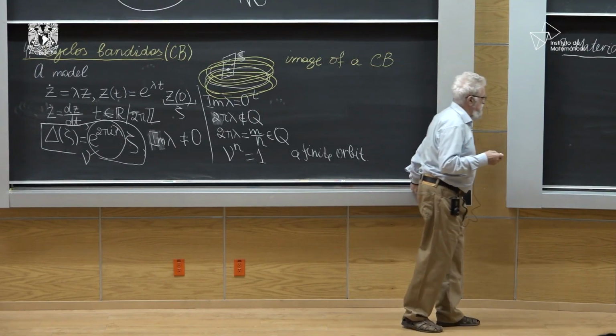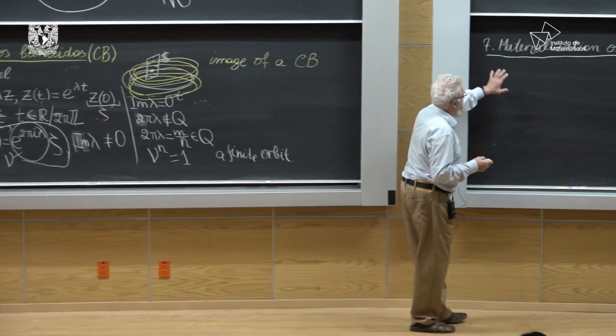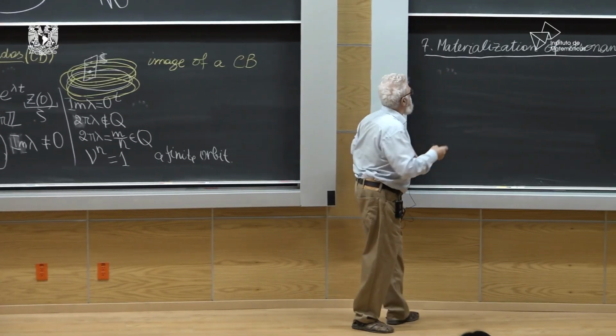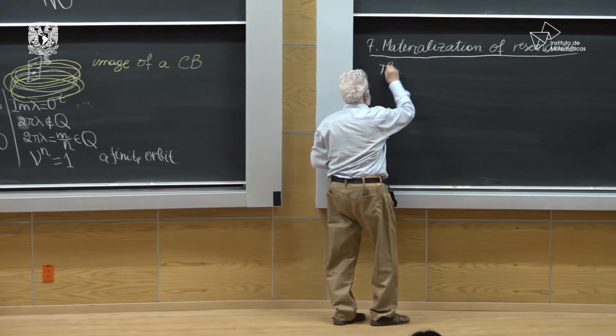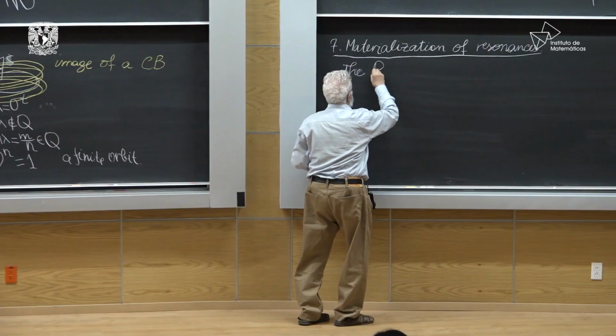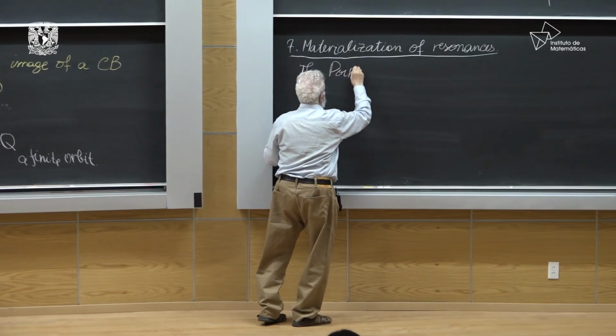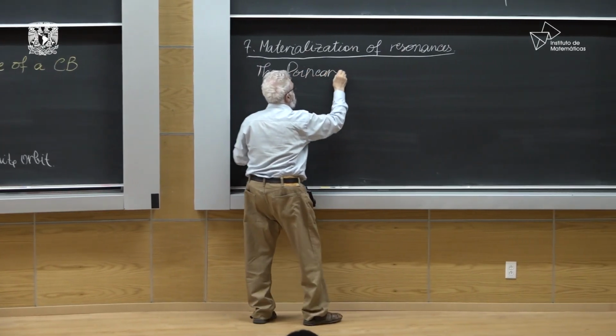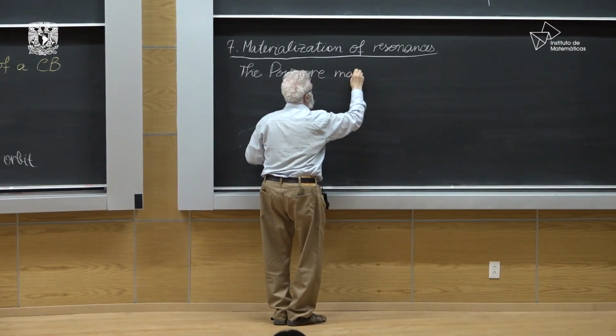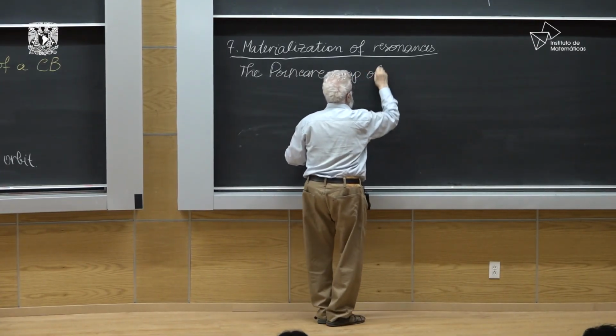Now, suppose that you consider the Poincaré map of a good cycle.